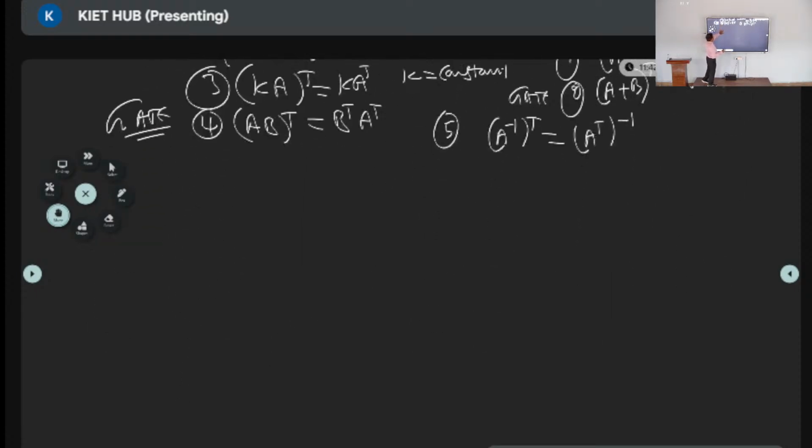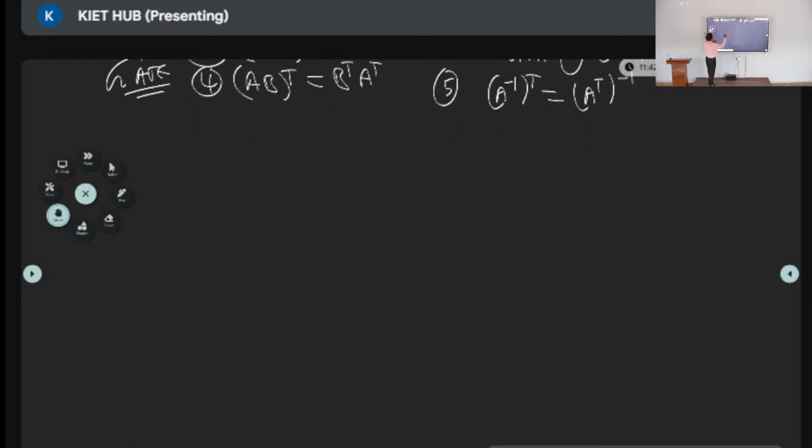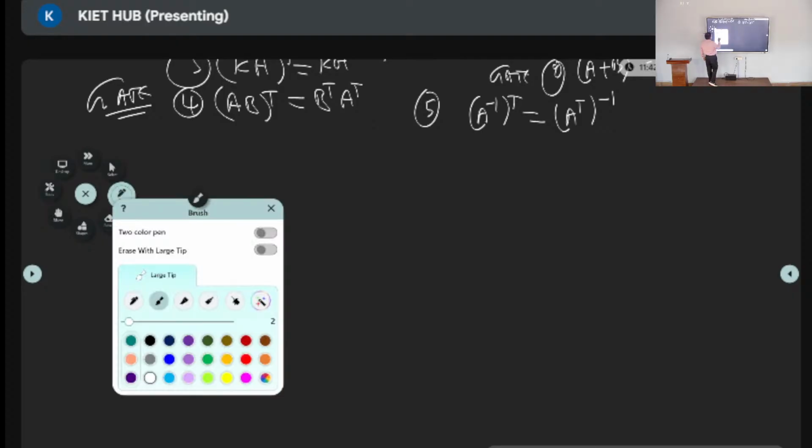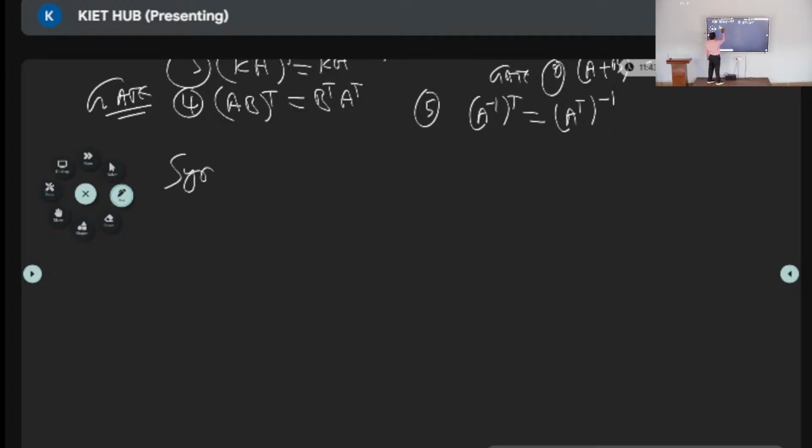Next, symmetric matrix. What is the condition for a symmetric matrix?